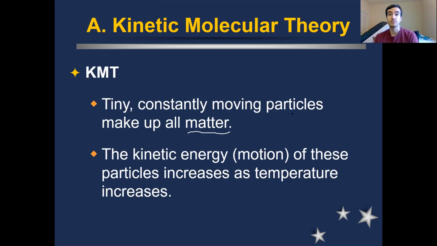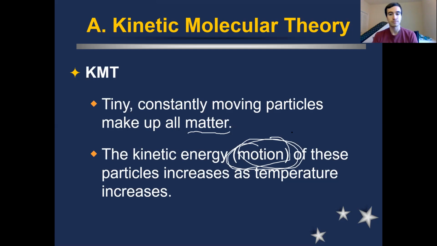So as the temperature of a piece of matter goes up, so does the kinetic energy in these particles. So the kinetic energy, or the motion of these particles, how they are moving, increases as the temperature of a piece of matter increases.